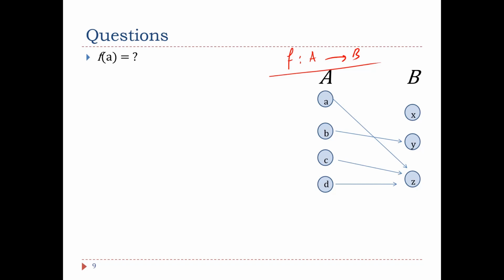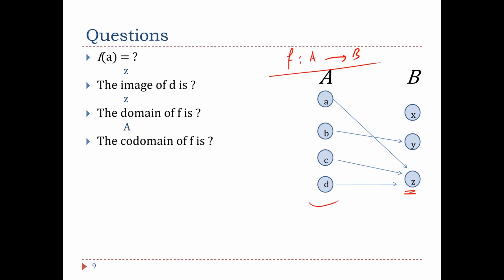So f of A is clearly Z, so it's the element in B that A is mapped to. The image of D, it's the same thing as answering the question, what is f of D? So it's equal to Z2. The domain of f, clearly, it's the set where the arrows are outgoing to the other set. So it's A. The codomain is where you have incident arrows. It's B. The pre-image of Y, it could be a set, actually, okay?